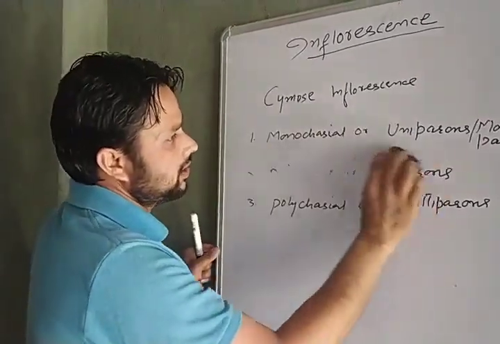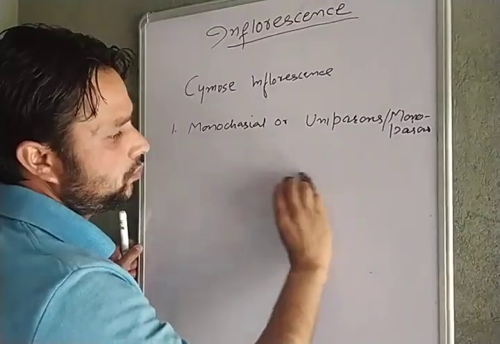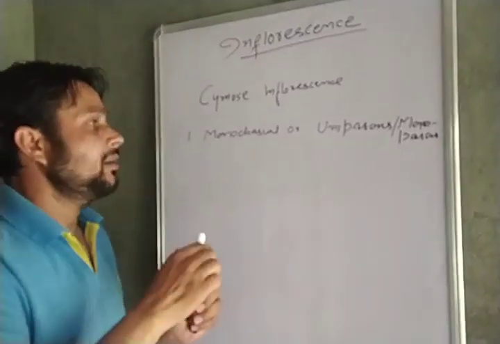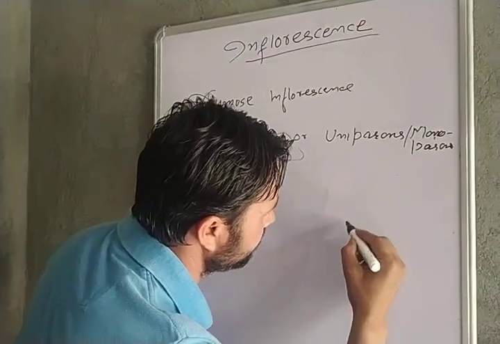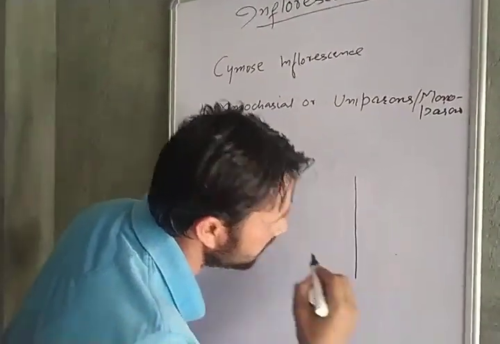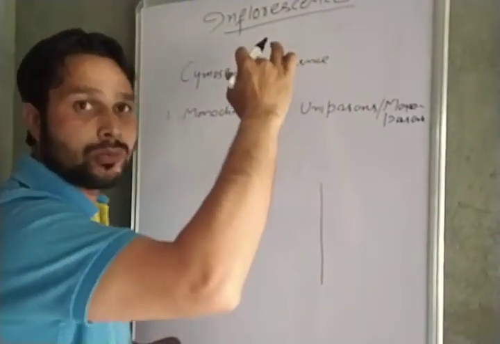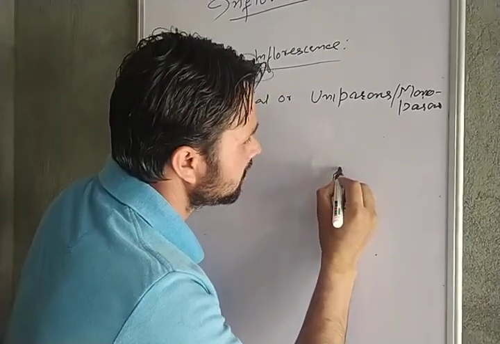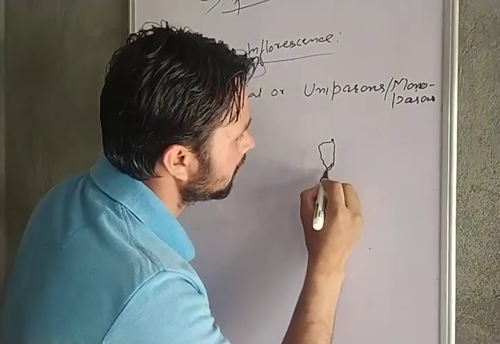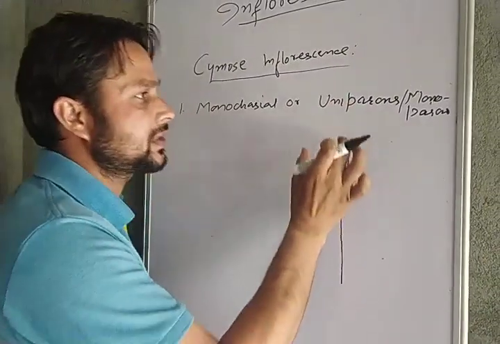Now we can take monochasal. In monochasal inflorescence, if this is the floral axis, what happens in cymose inflorescence? This floral axis terminates into a flower, and a lateral branch arises.